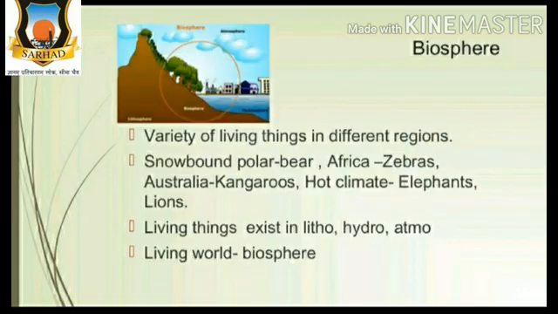The biosphere. There are innumerable kinds of living things on the earth, means different kinds of living things. The various regions of the earth differ in many ways. Some regions are always covered with ice, while others have a hot climate. There are mountains in some places and plains in others.